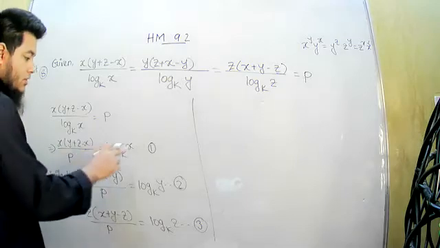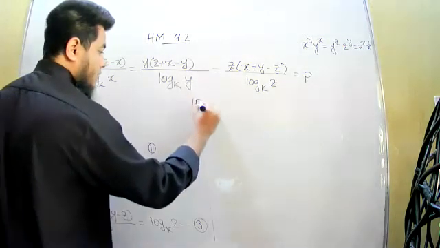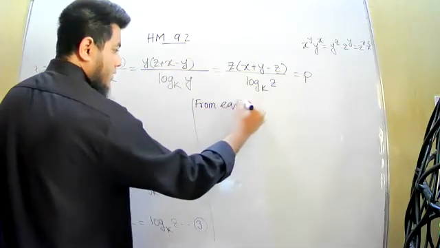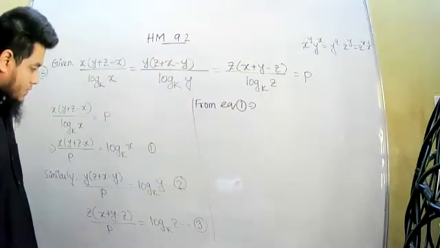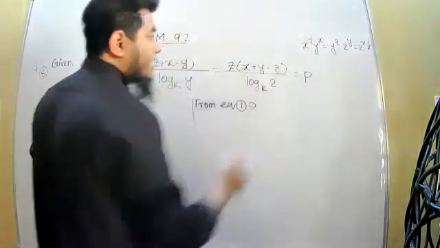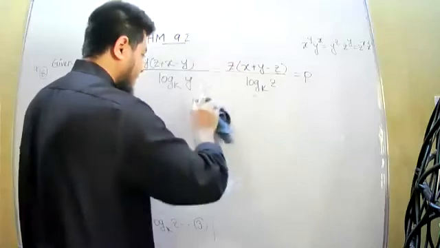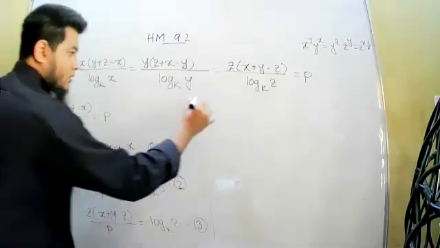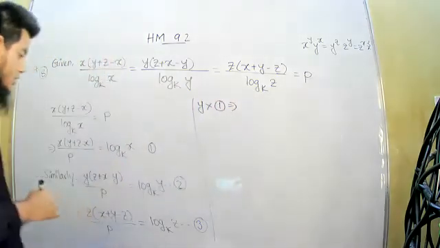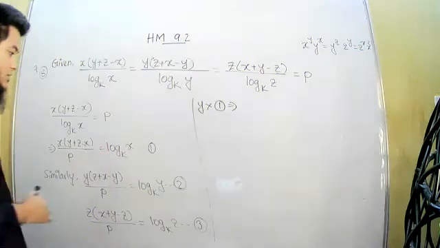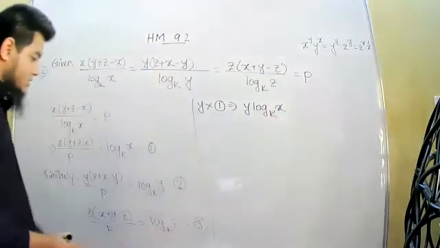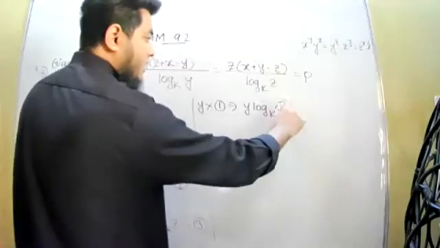So you can see that log k base x from equation 1, what we get, we have to multiply both sides by y. Why will I multiply by y? Because I have x to the power y, right? So let us write it in this way, y into equation 1. Okay, so if I multiply y with this one, then what I will get? y log k base x, right? See, now this y will go as the power of x, x to the power y.